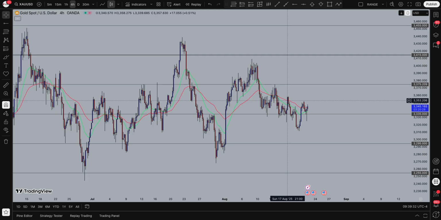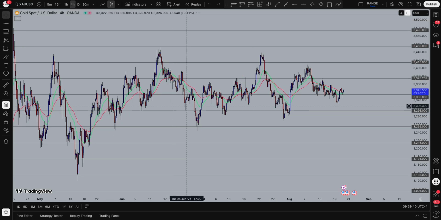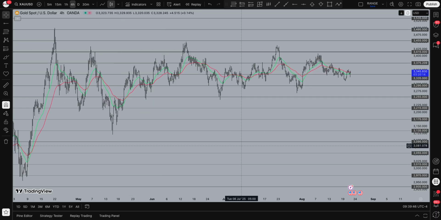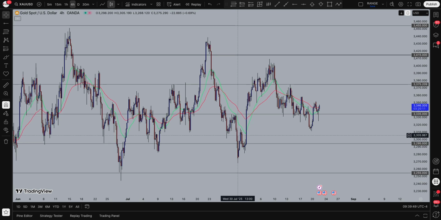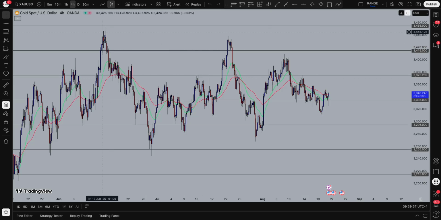For instance, and it's going to be different on all charts. Gold is very bullish on daily, 4-hour more reactive, and 1 hour even more reactive, right? Now, 4-hour, you can see it's showing bearish, but as we're going to get into, I recently took a buy. But that's okay. It doesn't always have to line up. Like I mentioned, it is not an entry signal for me. It's just something I use to help.